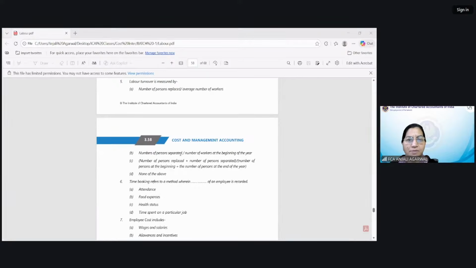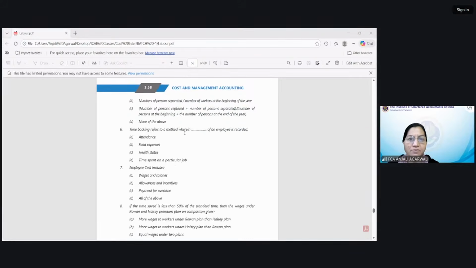Yes. Number of persons separated divided by number of persons at the beginning. So at the beginning is wrong here. It has to be at the beginning plus the end divided by 2, average. Here replaced plus separated can also be taken under flux, but then the denominator is again wrong. Number of persons at the beginning plus number of persons at the end divided by 2. Average is to be taken. So the average number of workers is to be taken. Neither can you take the workers at the beginning, nor the beginning and end workers both. So it has to be A.